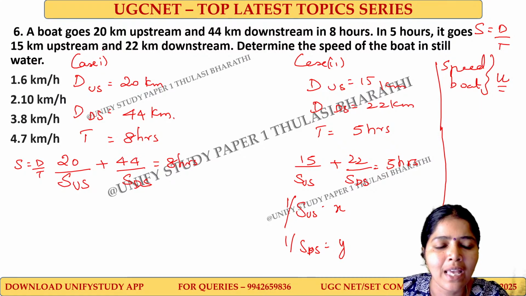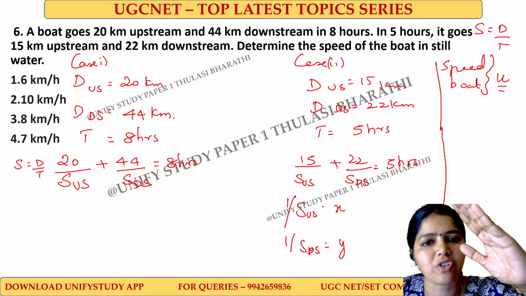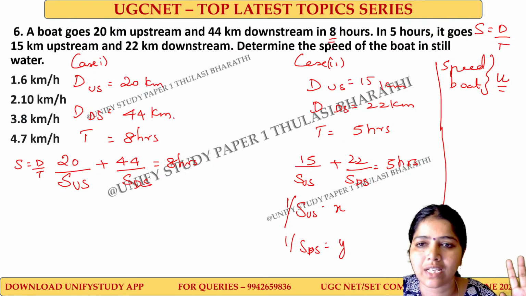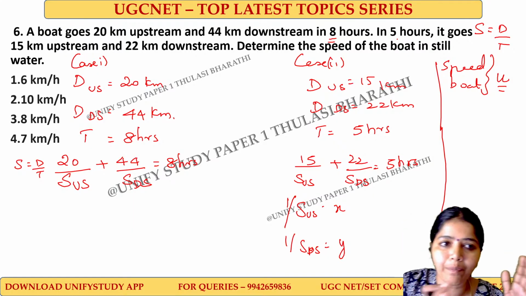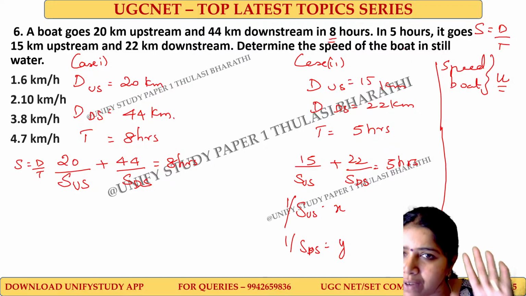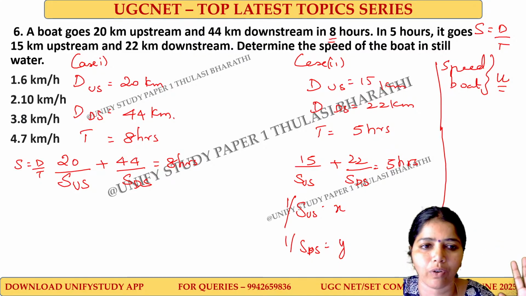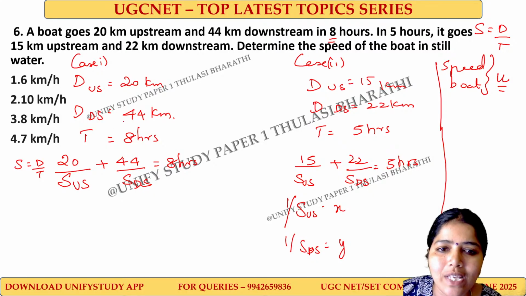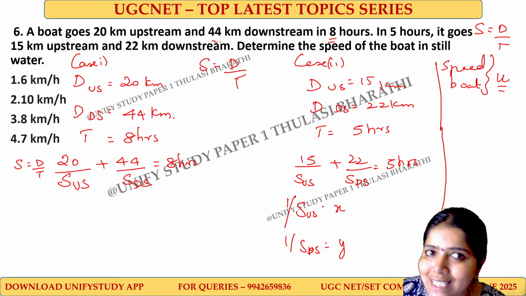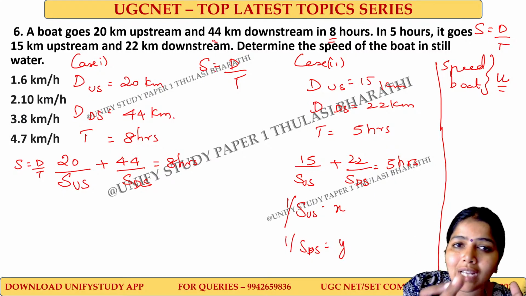I repeat again. Here they have given two cases. 20 km upstream and 44 km downstream, the distance has been travelled in 8 hours. Same time, another trip of 15 km upstream and 22 km downstream has been covered in 5 hours. Then we have to find out the speed of the boat, that is u. For that we can formulate using speed is equal to distance divided by time. We know the distance and we know the time. What we don't know is the speed.